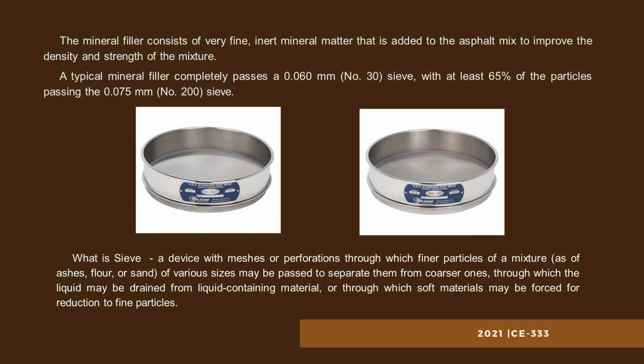So, kailangan natin to para ma-filter natin yung mga materials na ginagamit natin sa roadway construction, especially kapag gagamit tayo ng mga filler or specifically yung mineral filler. Kasi kailangan hindi masyadong malalaki yung mga particles kapag gumamit tayo ng mineral filler, because makaka-apekto yun dun sa composition ng i-construct natin na roadway.